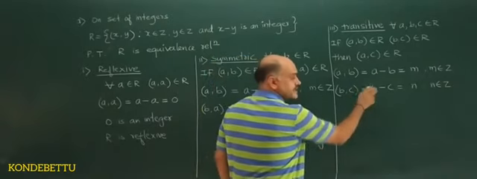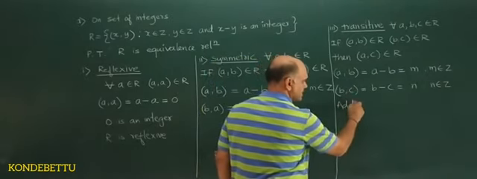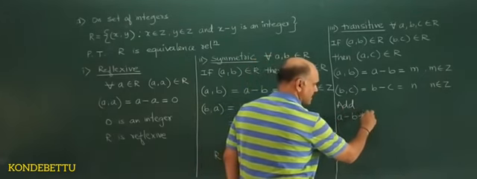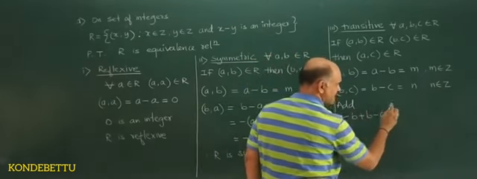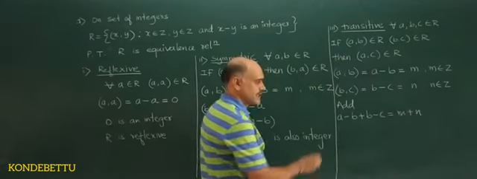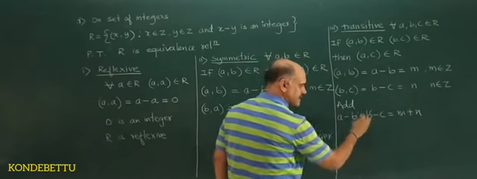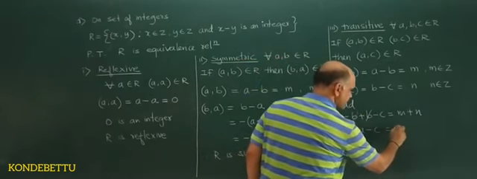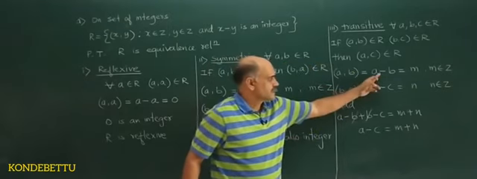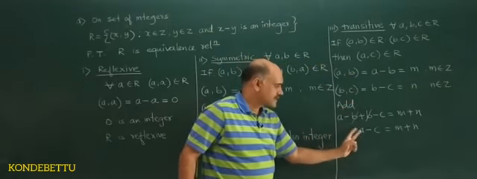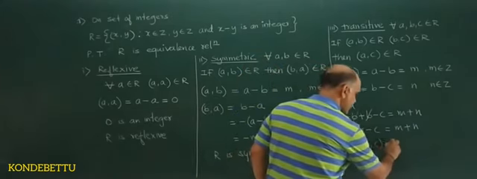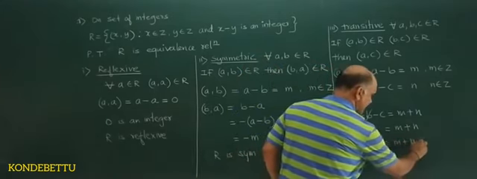Now I will add these two. So if I add a minus b plus b minus c, it is equal to m plus n. Here b gets cancelled. I will have a minus c is equal to m plus n.